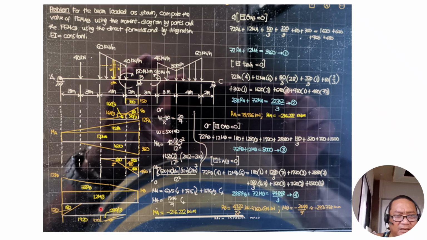Then that would be the complete FBD moment diagram by parts for this rectangular loading, because I need to go back to this to extend these areas. So I just completely draw the moment diagram by parts, though cannot be seen here, but on the next slide.